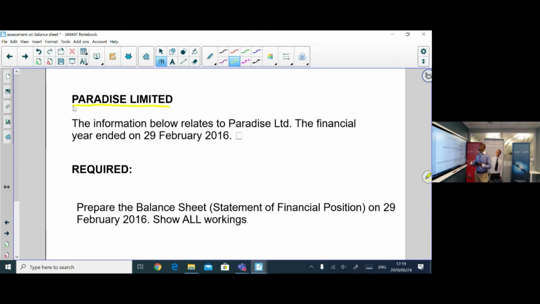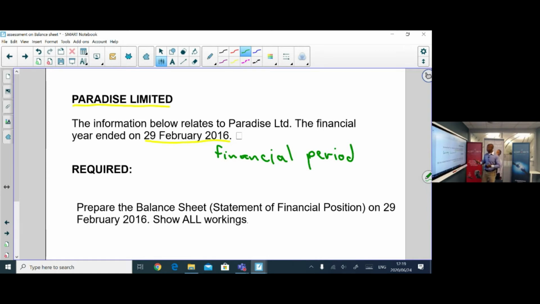This is very important, the financial period, because you can get your calculations wrong if you mix up the dates.